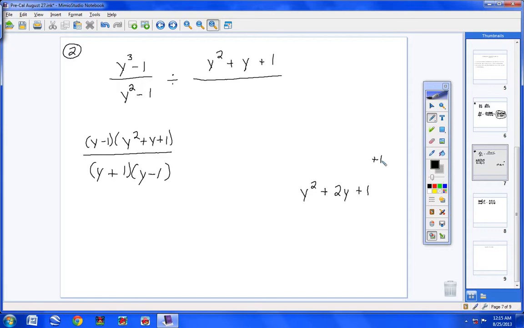I think we're dealing with positive 1 and positive 1, because 1 times 1 is 1, and 1 plus 1 is 2. So the factorization should be y plus 1, y plus 1. So I'm going to bring down my division bar, and then my denominator has now become this. I factored it, and we'll move this right back up here.